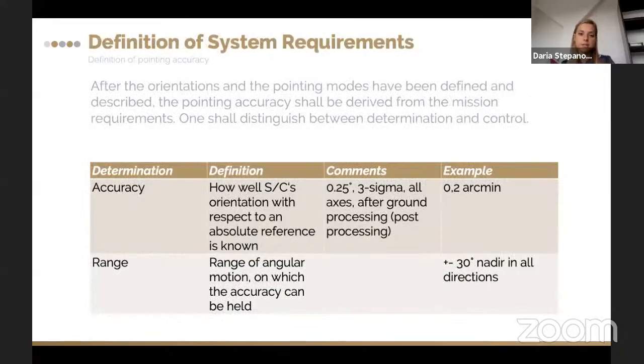After all these orientation, pointing regimes, and pointing modes have been defined, we need to define the accuracy and the mission requirements. Accuracy shows how well the satellite can point, and the range is defined by angular motions or accuracy which can be held.